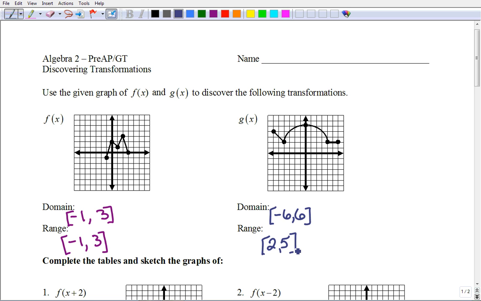Before we move on, there are a couple of things that we should discuss. When we're doing transformations, we're talking about moving the graph left, right, up, down, or stretching it either vertically or horizontally. To figure out what you're supposed to do, and the order, if you have f, or it doesn't matter if it's g or h or whatever letter, and then whatever's in parentheses, anything in the parentheses is going to involve horizontal changes or transformations.